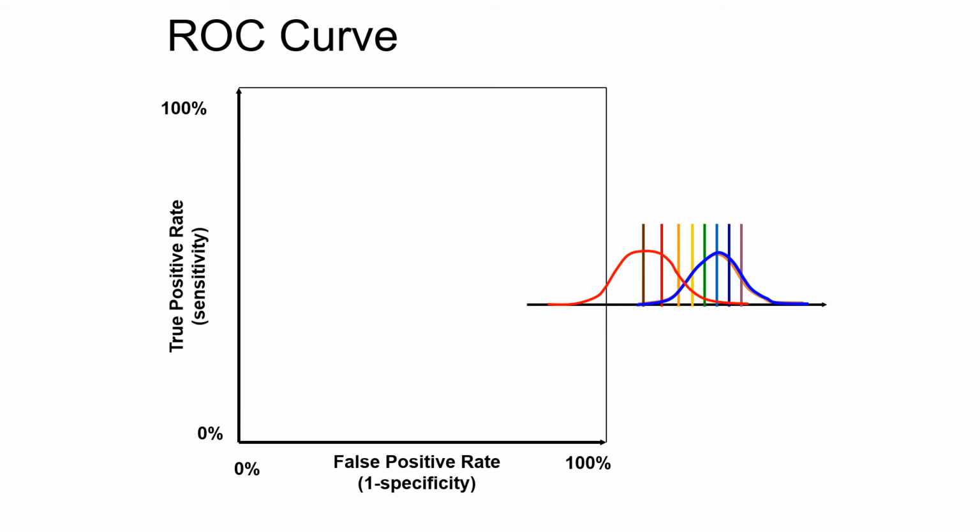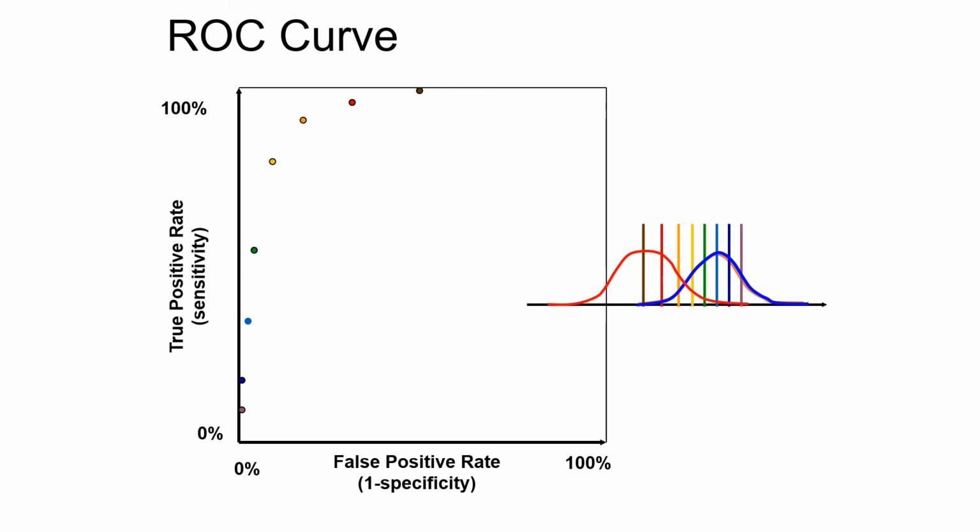And where we've cut these things, we can calculate the number of true positives and the true negatives, which is sort of the number under the blue line and the number under the red line. So we can then plot those numbers out, and they show up on this curve.